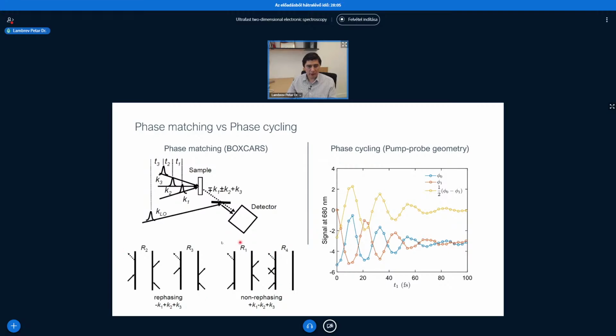You have to combine the two very carefully to get the spectrum. In the pump probe geometry, you also do two measurements, at least. It's called phase cycling. You have to flip the phase of the pump pulses, and that will flip the phase of the coherence. And in this way, you can subtract all other signals which do not have a phase dependence, so the background signals.